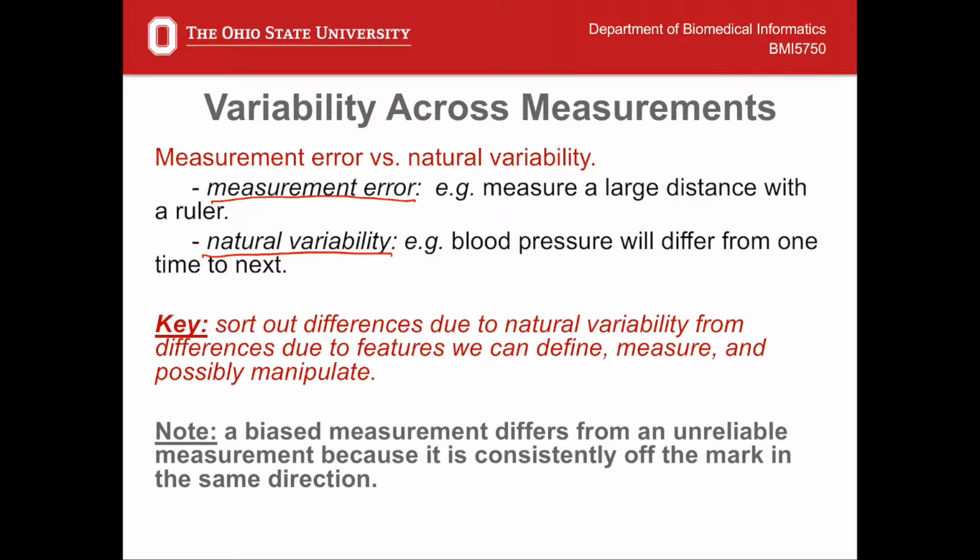One example is the blood pressure that we measure from one time to another. So there's natural variability there. The key point is that we need to sort out differences due to natural variability from differences due to features that we define, measure, and possibly manipulate. A biased measurement differs from an unreliable measurement because it is consistently off the mark in the same direction.